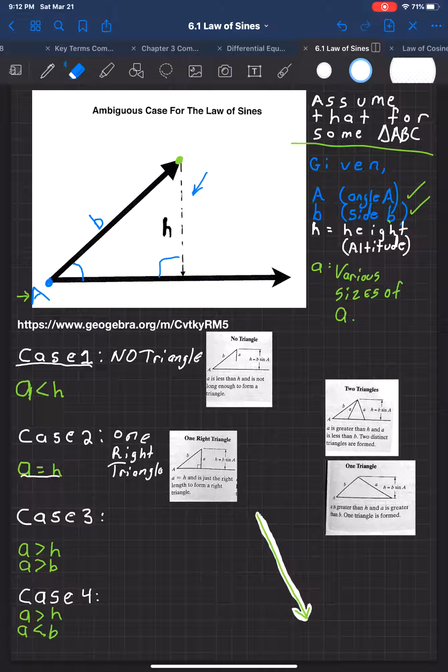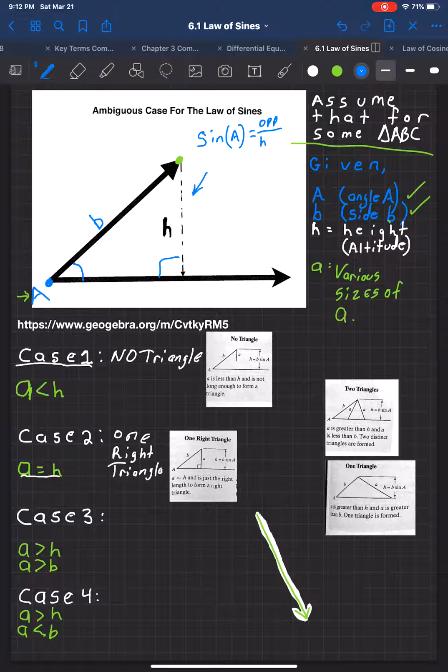So since you're trying to figure out what h is, the way you want to think about it is, let's use sine of angle, in this case, angle A, is going to be equal to the opposite divided by the hypotenuse. And what I'm going to do right now is plug in h for the opposite, and plug in b for the hypotenuse.